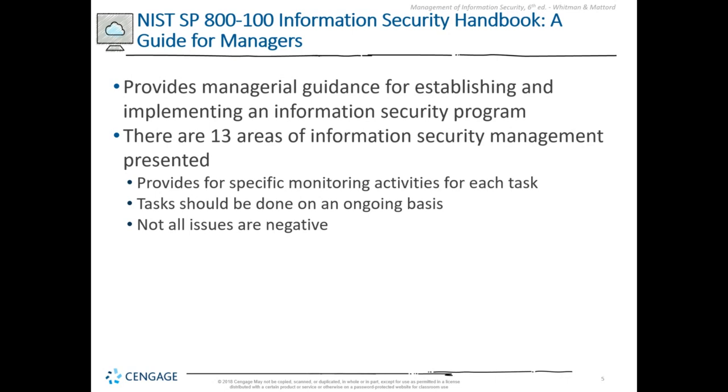The fourth area is capital planning and investment control. Departments are going to be required to allocate funding towards the highest priority investments, and they're designed to facilitate the expenditure of agency funds. The fifth area of information security management is interconnected systems.